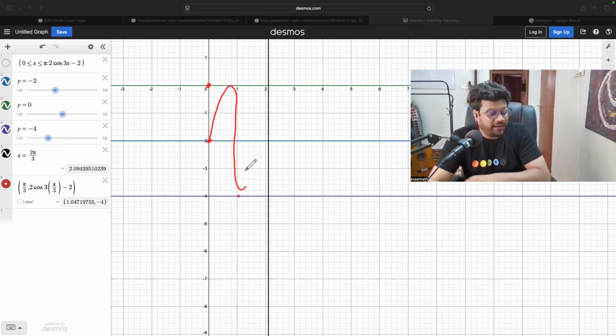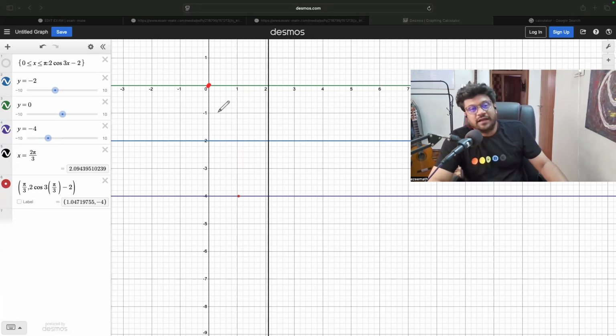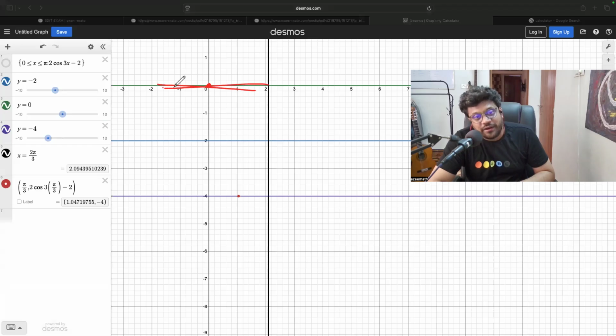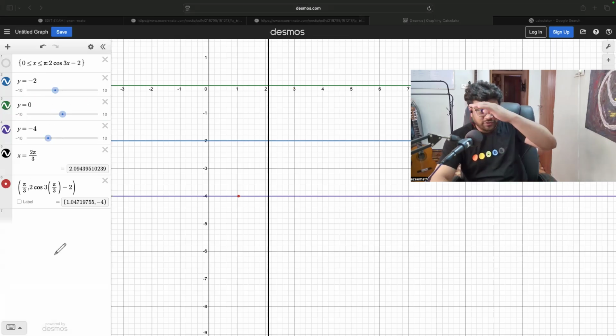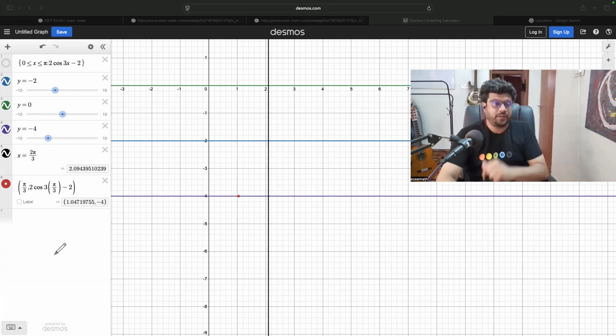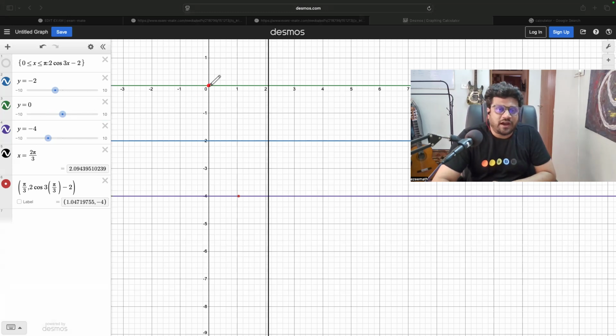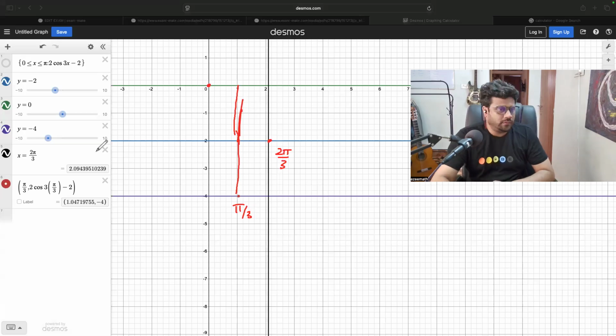I'd go up and down like that. But when it comes to cos, I'm going to start at the highest point, which is the upper line. We drew y equal to 0. That's the line which contains the highest point the curve reaches. So I'll start from here. Well, if this is 2 pi by 3, half of it is going to be pi by 3. Okay, fine. So let's draw it a little neater.